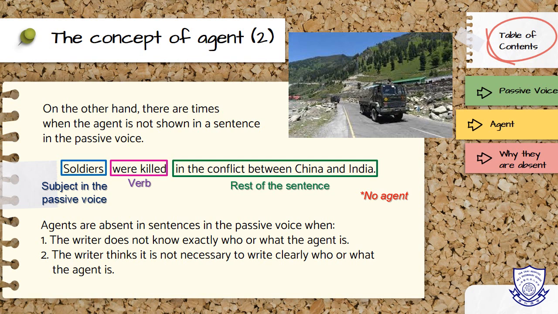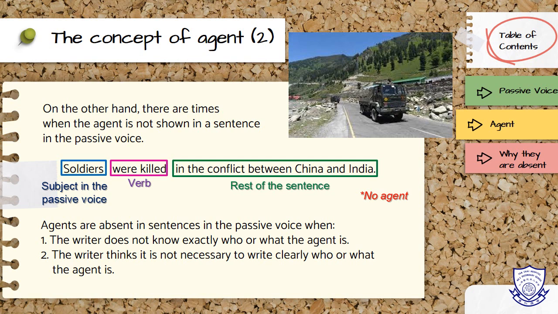And there are two main reasons why you cannot see agents, or why agents are absent. The first one is the writer does not know exactly who or what the agent is. The writer has no idea. The other situation is the writer thinks it is not necessary to write clearly who or what the agent is.